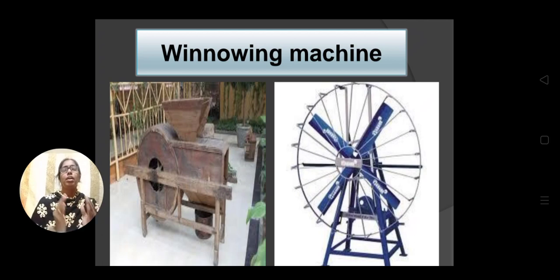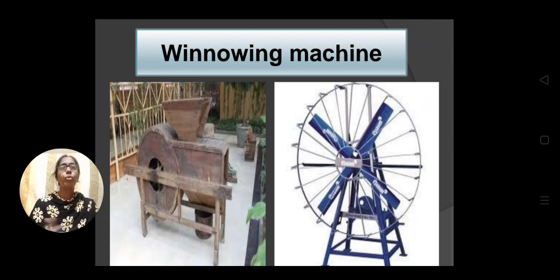First one, seed from the chaff separated. So now we have a mixture of chaff and seeds, but we need the seeds only. Chaff needs to be separated. So in that case we have to go for winnowing, that is removal of the chaff from the seed.